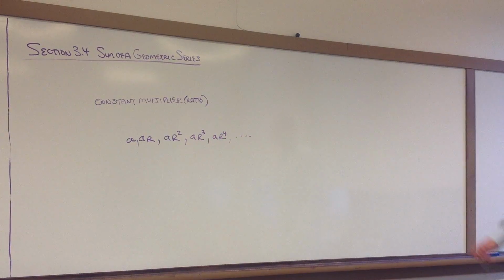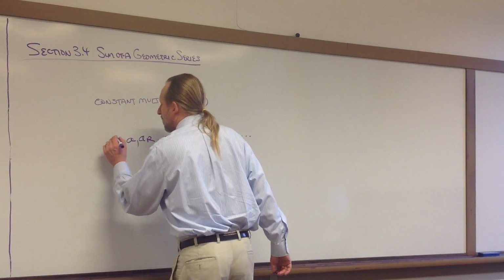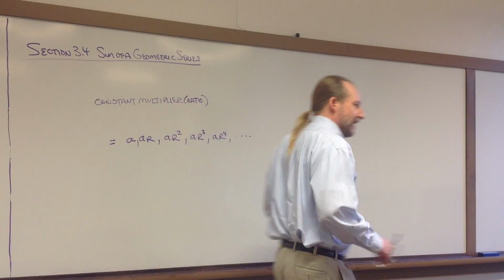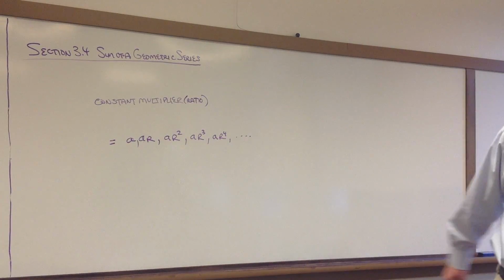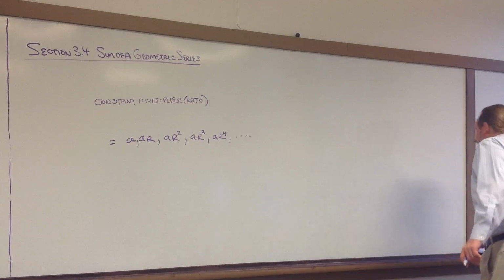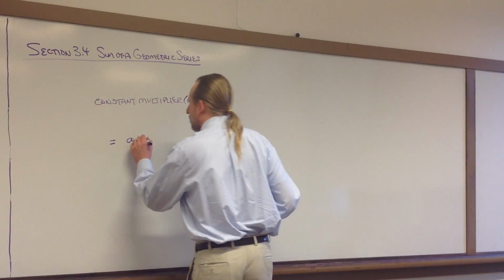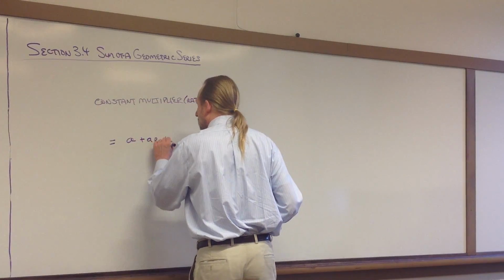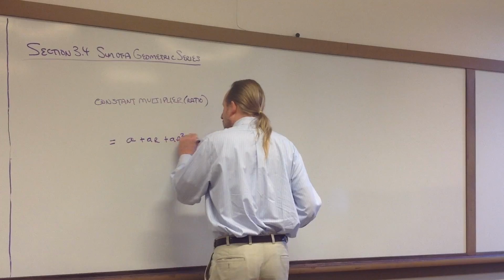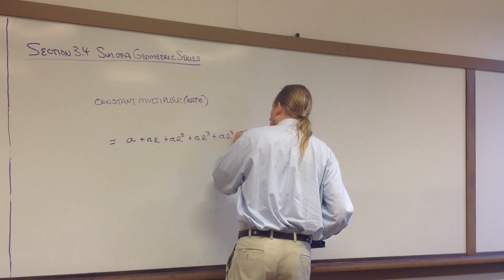This is where we developed the general formula. Now I'm confusing sequences and series. If this is a geometric series, then these are all going to be added to each other: a, ar, ar squared, ar cubed, and so on.